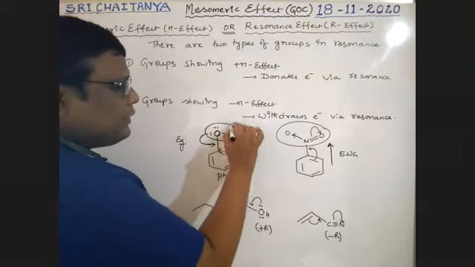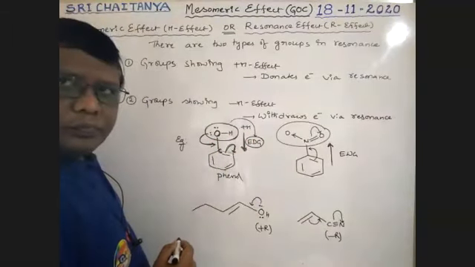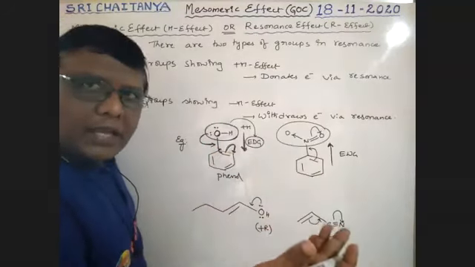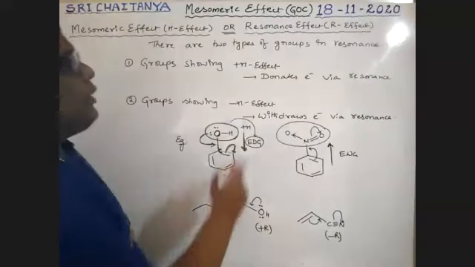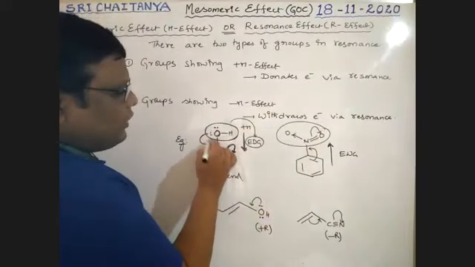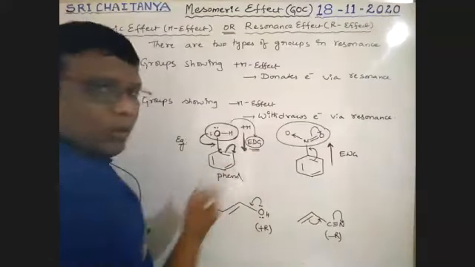That is why this group is called an electron donating group. Towards carbon is plus, away from carbon is minus. Here electrons are donated via the resonance concept. So that is an electron donating group.